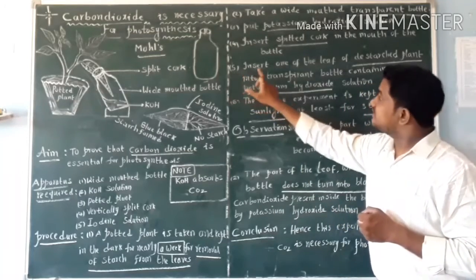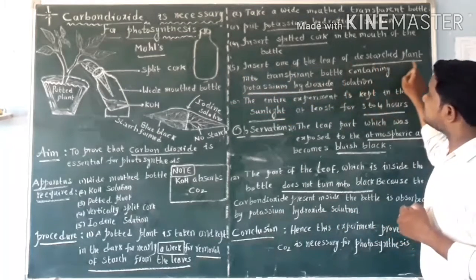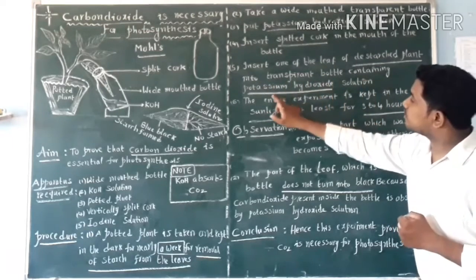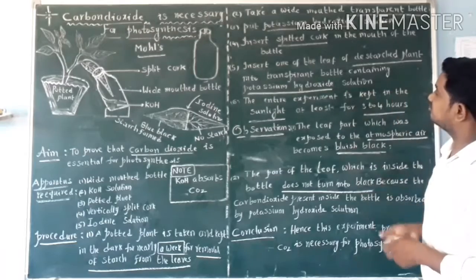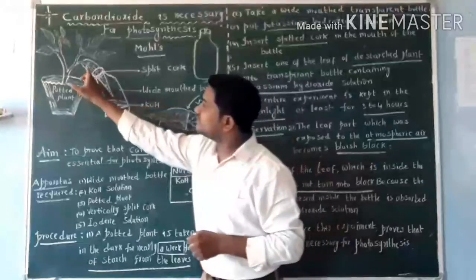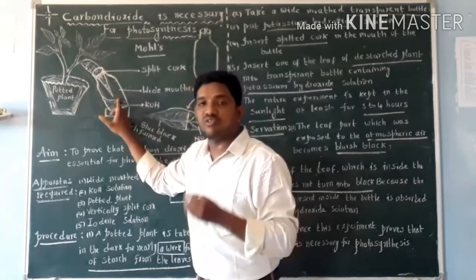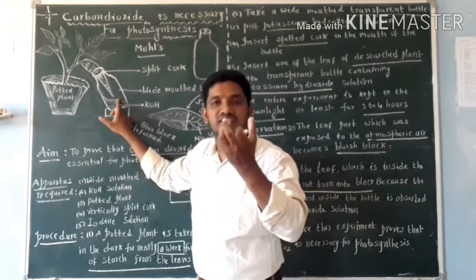Next, insert one leaf of the de-starched plant into the transparent bottle containing potassium hydroxide solution. This is one of the leaves. Insert it into the wide mouth transparent bottle.